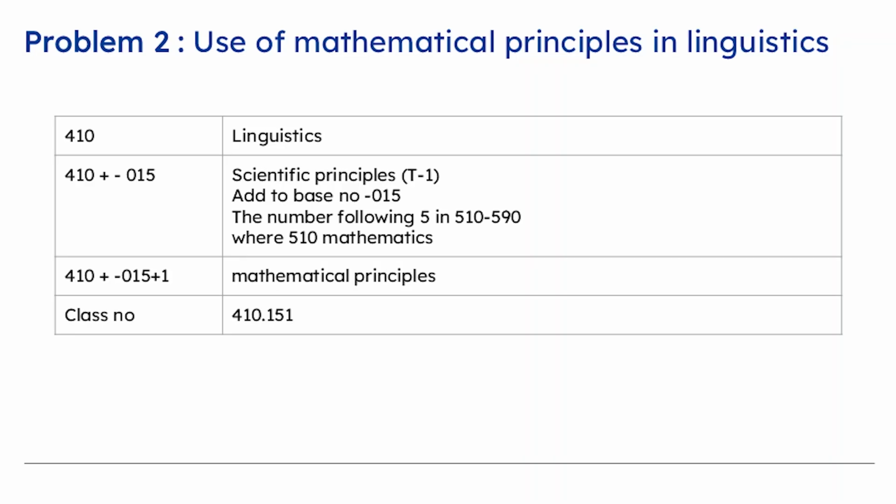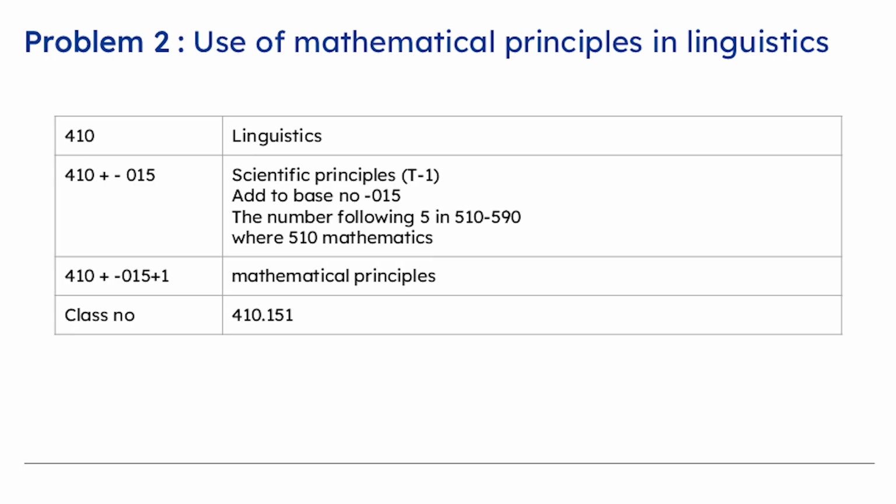Mathematics is not 500, science is 500, but mathematics principles in mathematics, that is 510. So, we need to add more numbers. That's why there is an instruction given under -015: add to base number -015. What to add?